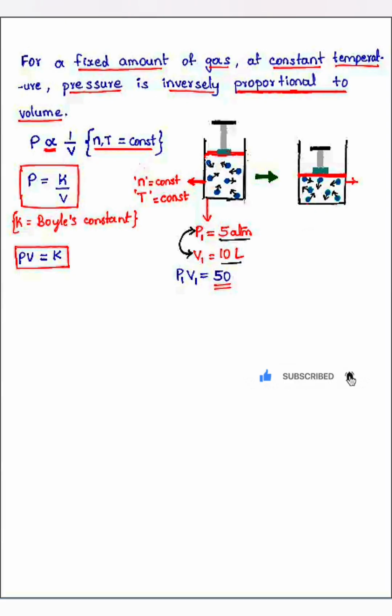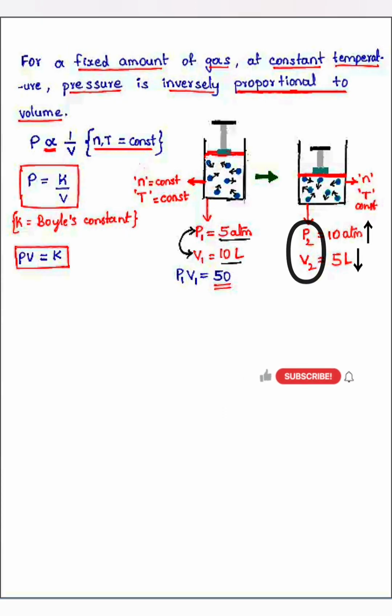Now under the same conditions, at constant number of moles of gas and constant temperature, if the pressure is increased to 10 atmosphere, then the volume will decrease to 5 liters. If the pressure increases, then volume decreases. These P2 and V2 can be called the final states of pressure and volume.